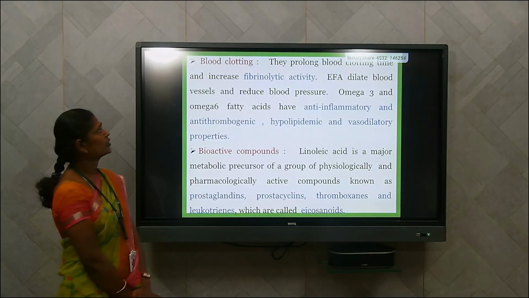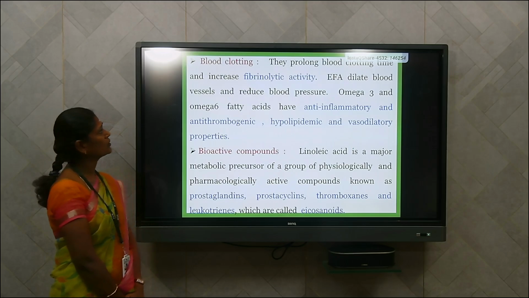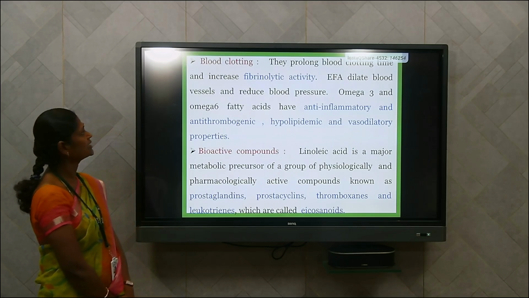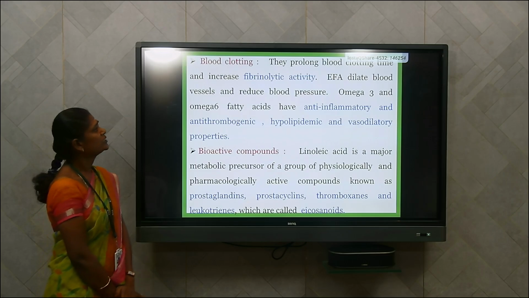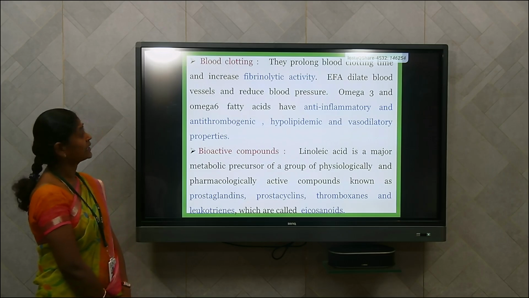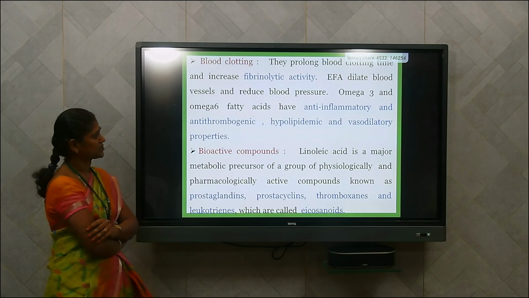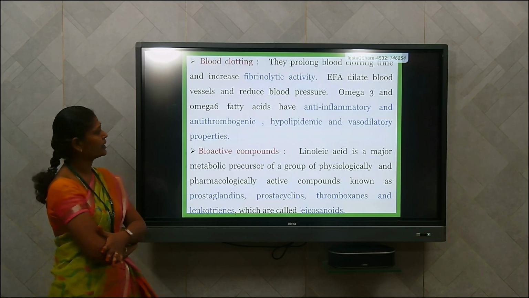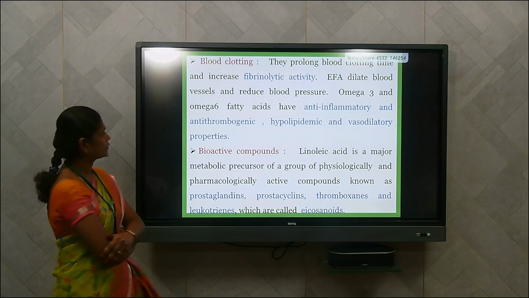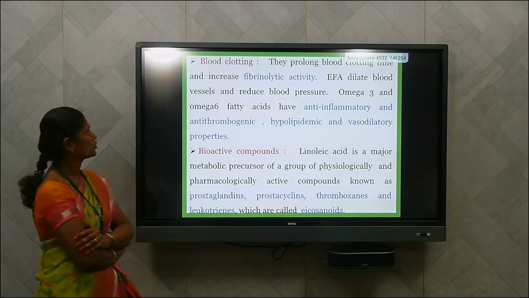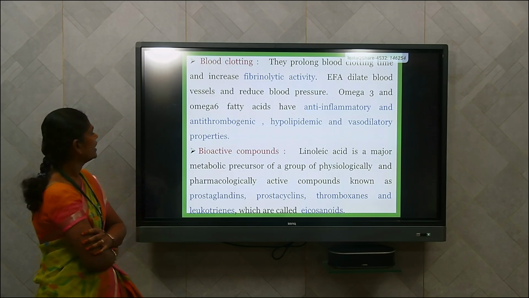It is also involved in blood clotting: it prolongs the blood clotting time and increases the fibrinolytic activity. Essential fatty acids dilate blood vessels and reduce blood pressure. Omega-3 fatty acid and omega-6 fatty acid have anti-inflammatory, anti-thrombogenic, hypolipidemic and vasodilatory properties, so they are involved in blood clotting.